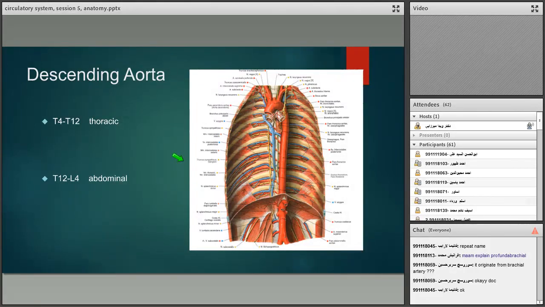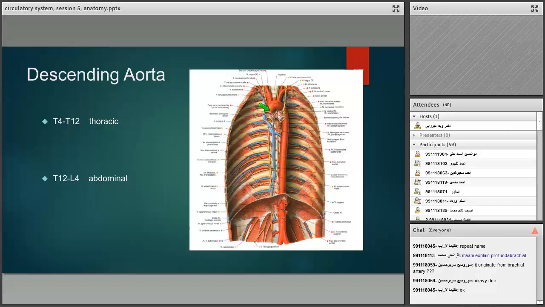The next part of the aorta is the descending aorta. Descending aorta is starting from T4 vertebra, the fourth vertebra. I said that if we draw a line between the T4 and the T5 disc, the descending aorta will start from this point.